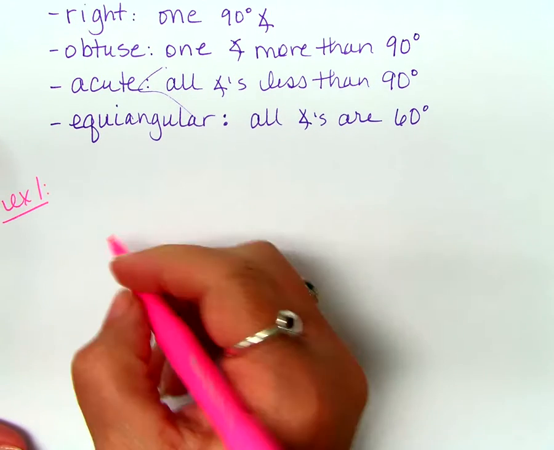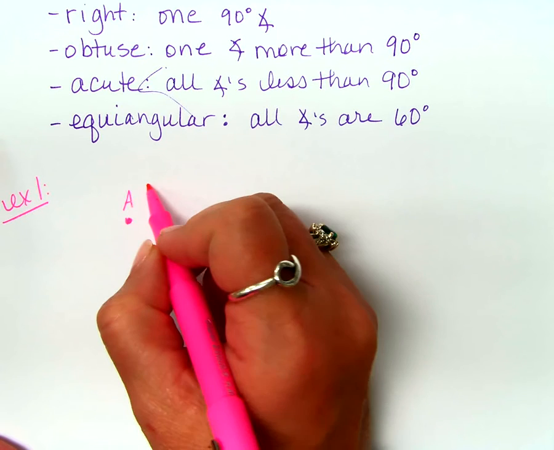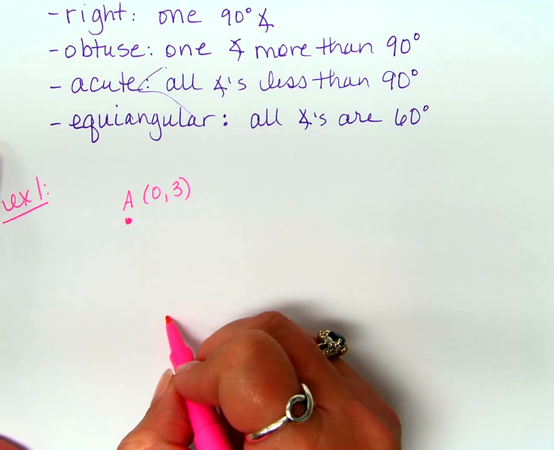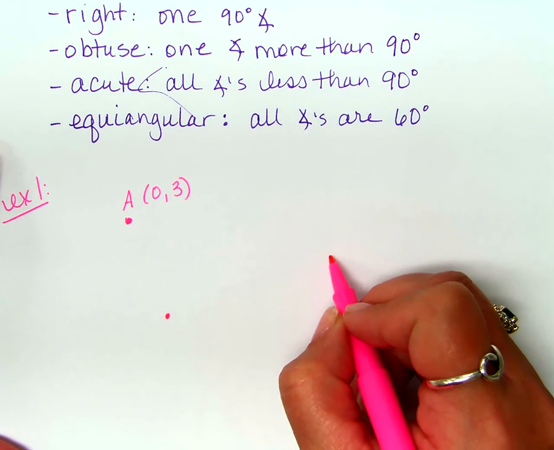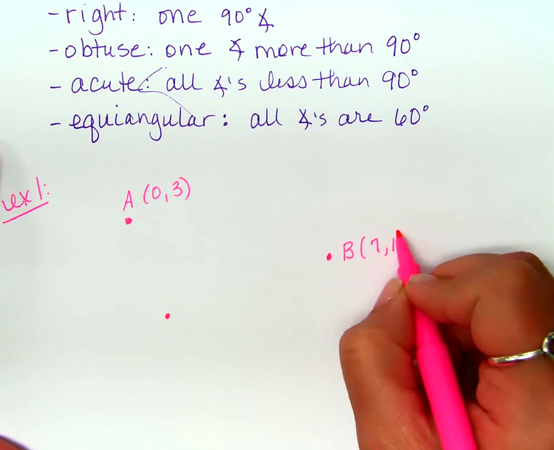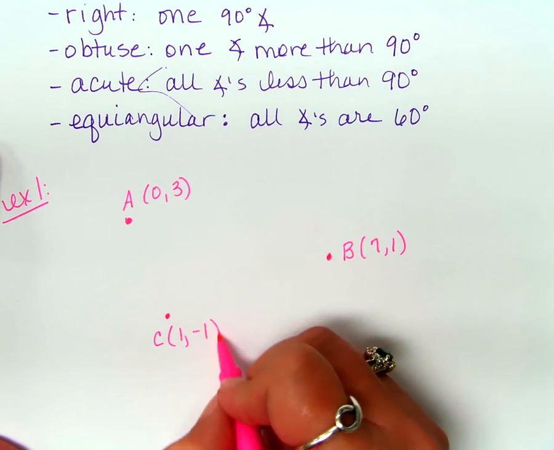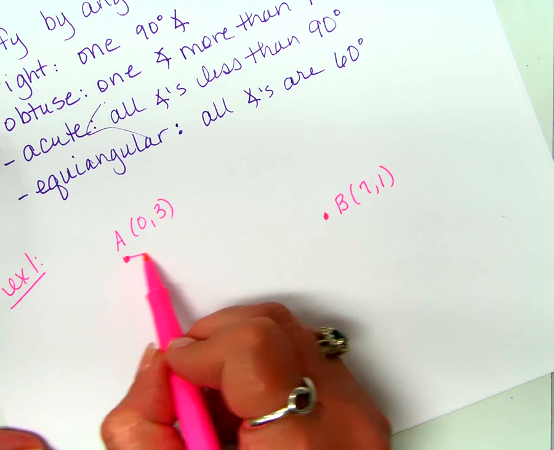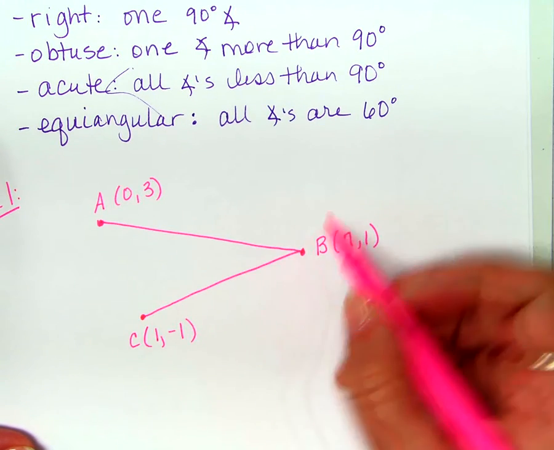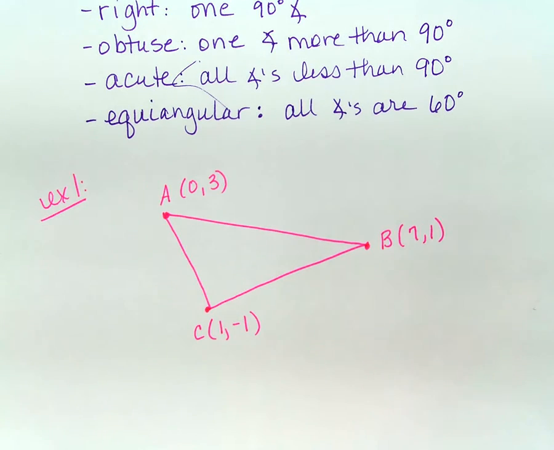Example number 1. Let's make that point A, and that point is at 0, 3. This is point B, and it's point 7, 1. And this is point C, and it's point 1, negative 1.